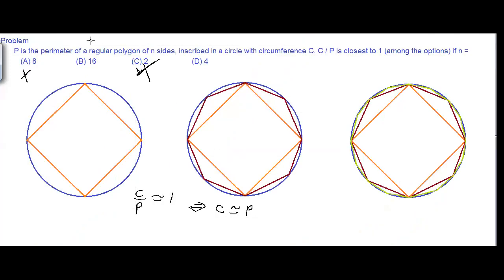So it means the circumference to perimeter ratio is closest to 1 among these options if we have taken 16 sides, because 16 is here the highest possible number. So if this is clear, I am going to the next page.